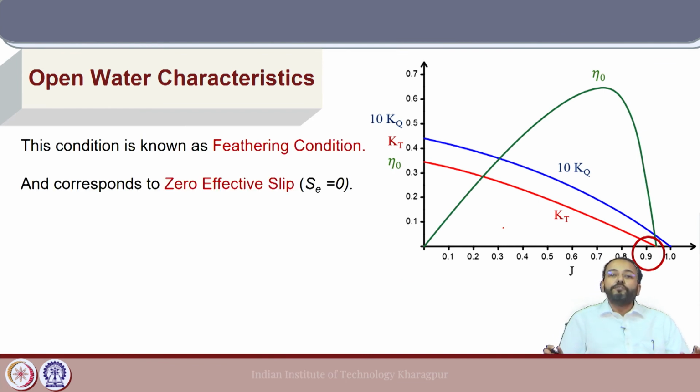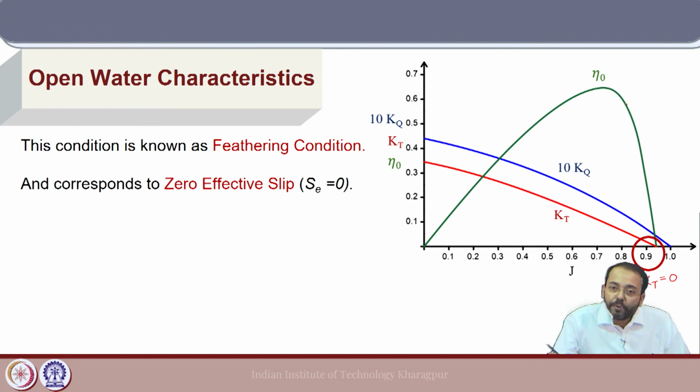So, now let us go to this condition. It is called the feathering condition, where kT equal to 0. So, again kT equal to 0 implies that the open water efficiency will also be 0.